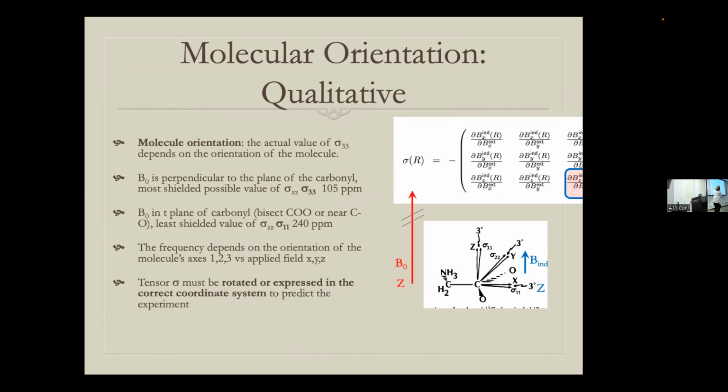If B naught is along Z for a carbonyl, because I like carbonyls a lot, say Z is pointing along the perpendicular of that aromatic plane, okay? And let's say I want the measurement along Z also.